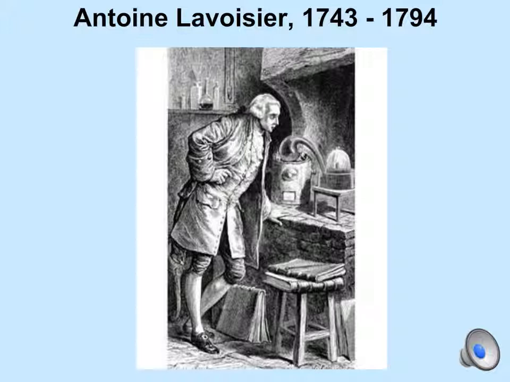And one of the jobs that he did was he worked for the French government as a tax collector, which wasn't a very good idea at the time of the French Revolution. But Lavoisier, before he ran into that problem, was a very well-known scientist in France and very well respected. And he was appointed to be on a committee of the French National Academy of Sciences.